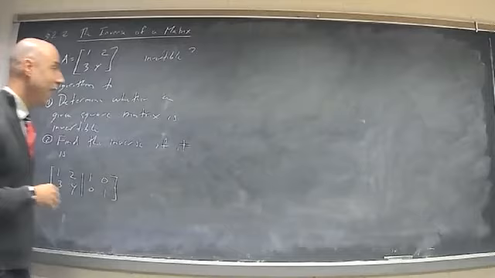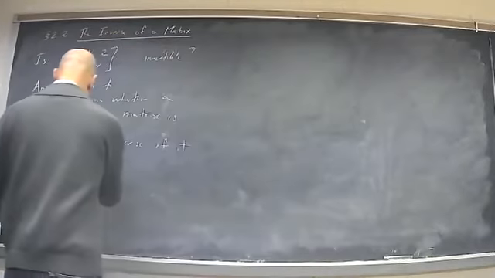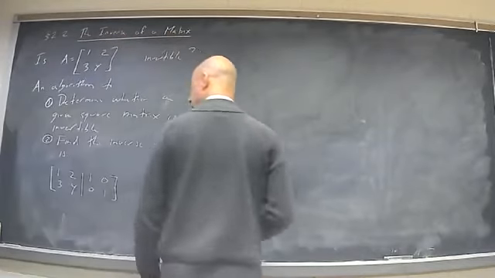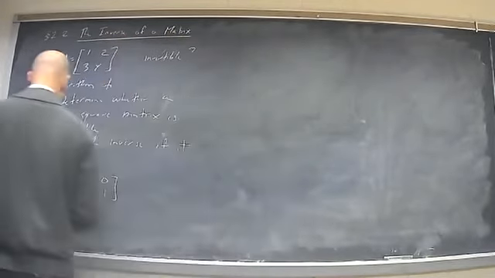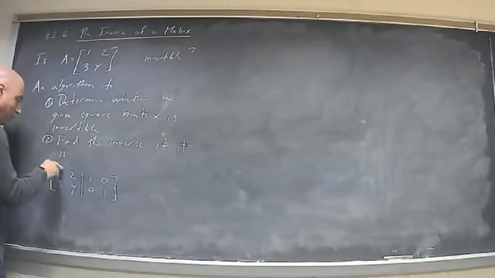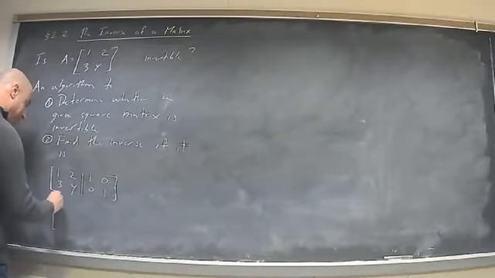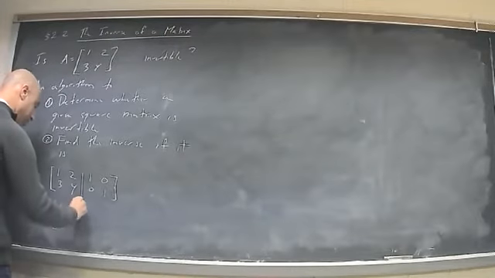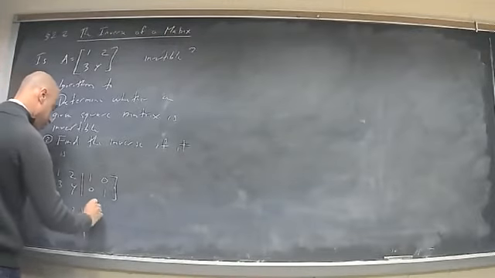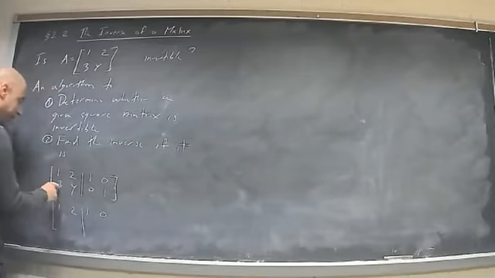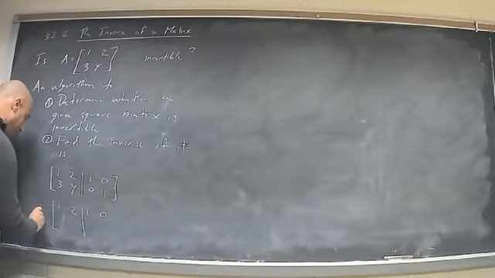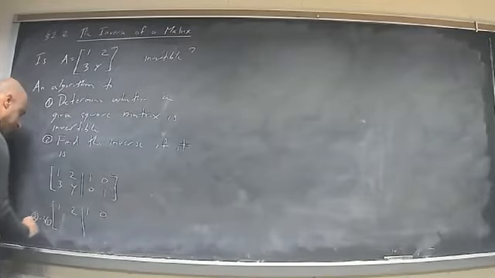Let's start doing our row reduction. This is already a 1 in the upper left-hand corner. I want a 0 below that. So I will leave the first row alone, 1, 2, vertical bar, 1, 0. And in my second row, I'm going to take row 2 minus 3 times row 1.